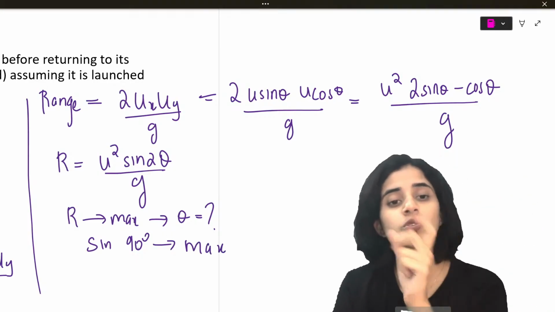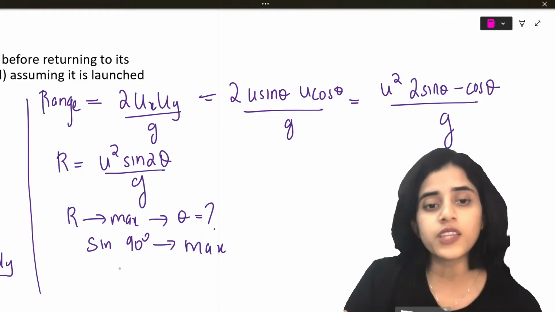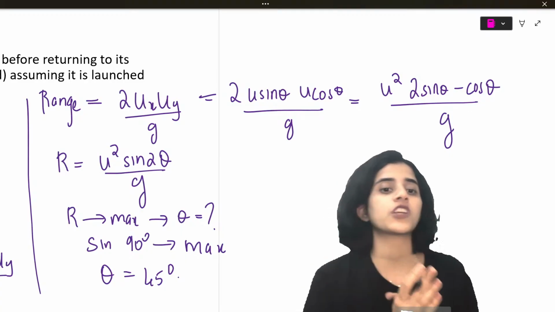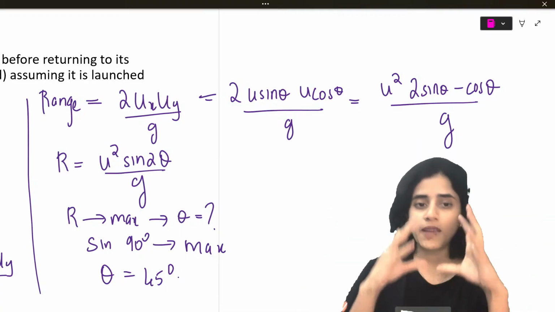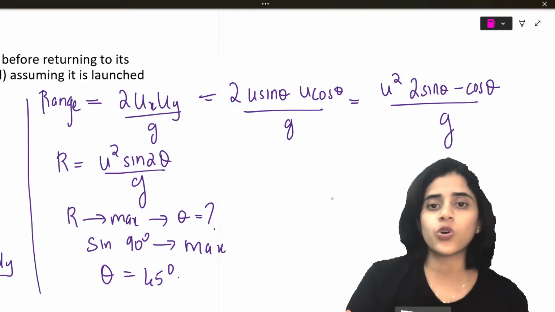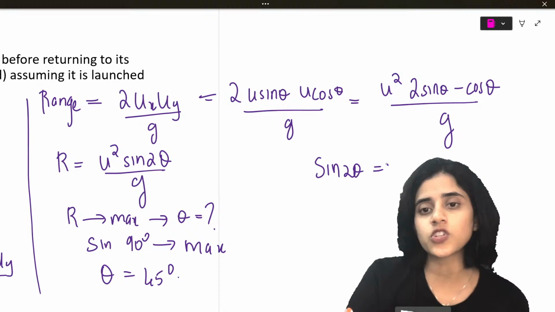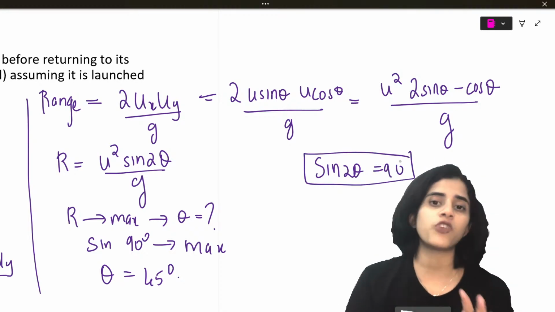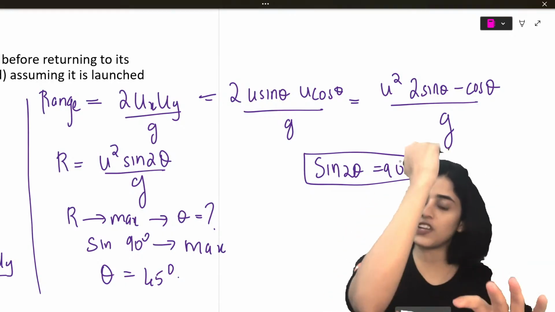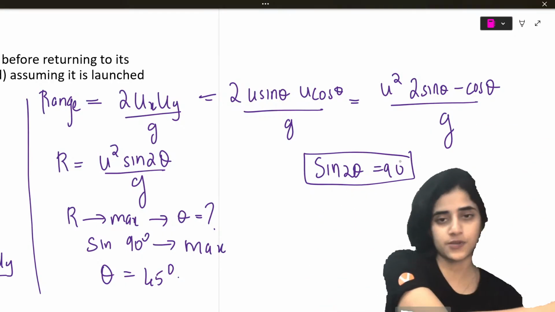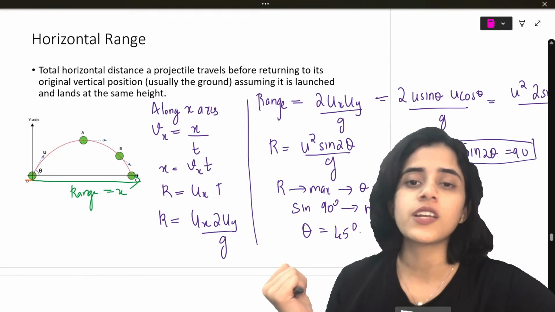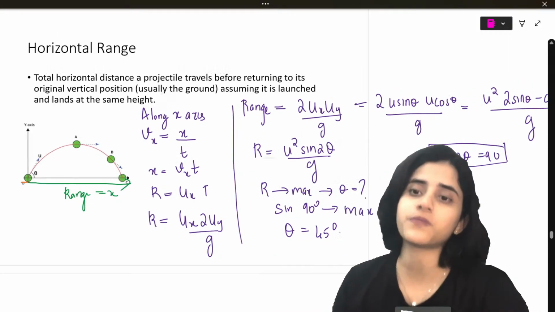Here it is sine 2 theta, so sine 2 theta should be 90, so theta should be 45 degree. Only then 2 into 45 you will get 90. So if Neeraj Chopra throws his javelin at 45 degree, it will go longest. So 45 degree is the angle at which the range is maximum.